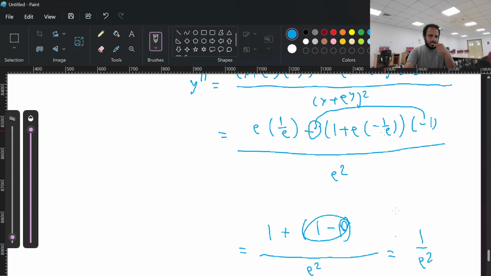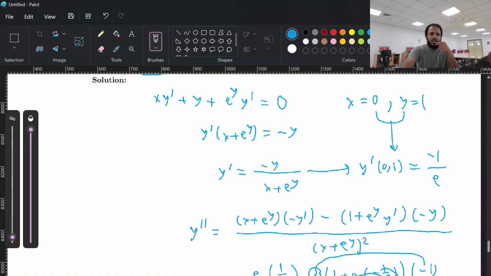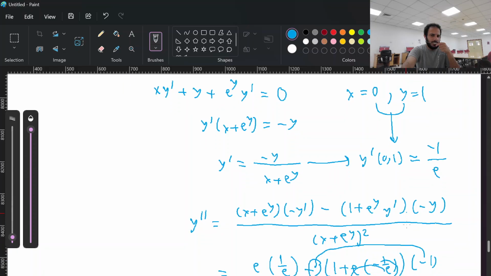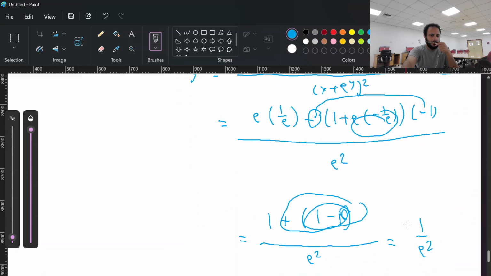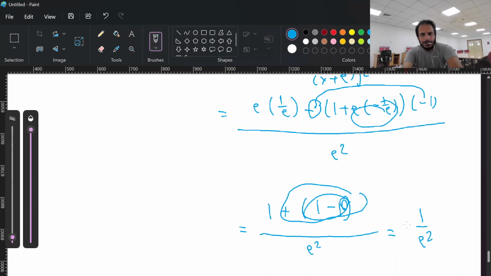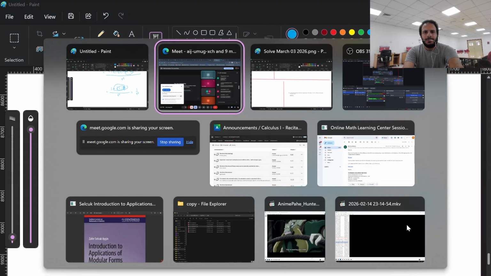But here e times minus 1 over e is minus 1, right? So 1 minus 1 is 0. So this part is 0. Then when you substitute x equals 0, you have 0 plus e to 1. E to 1 squared is e squared, right? Yes. Okay. Is it clear now? Yes.